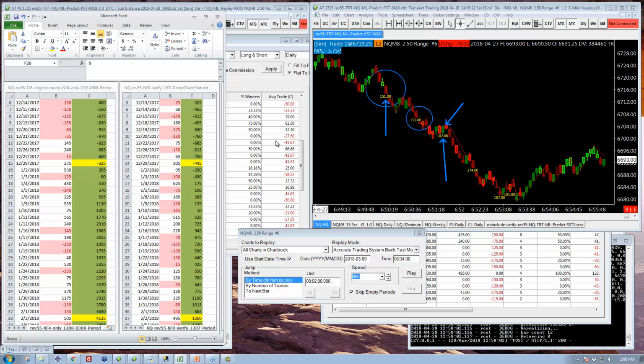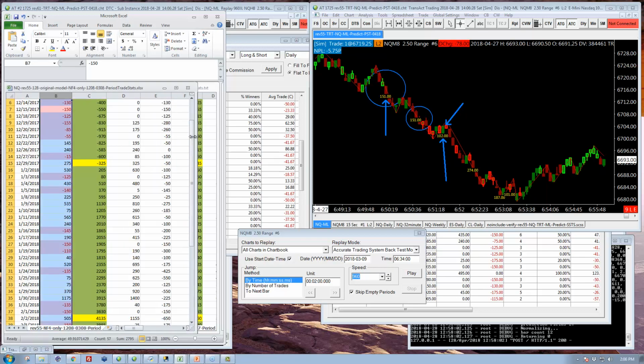All right, so what we have on the left here is sort of our baseline. It's our baseline Rev 55 model with a noise filter of 4 on the 1207 model, for the period starting on December 8th.